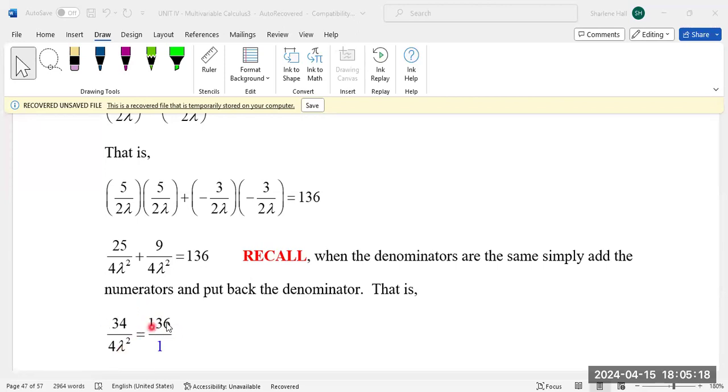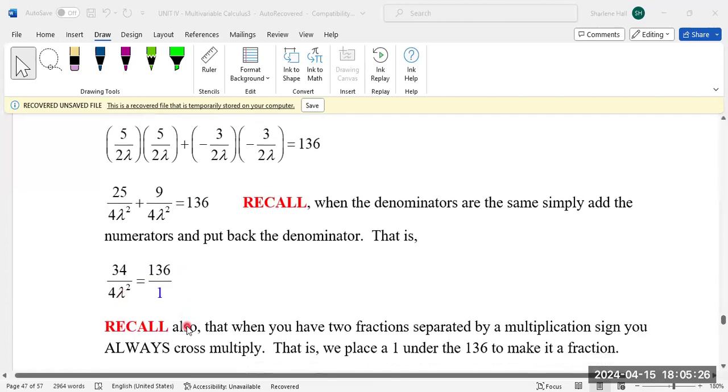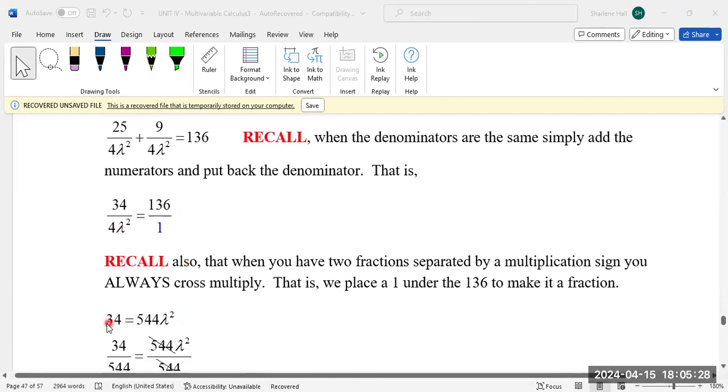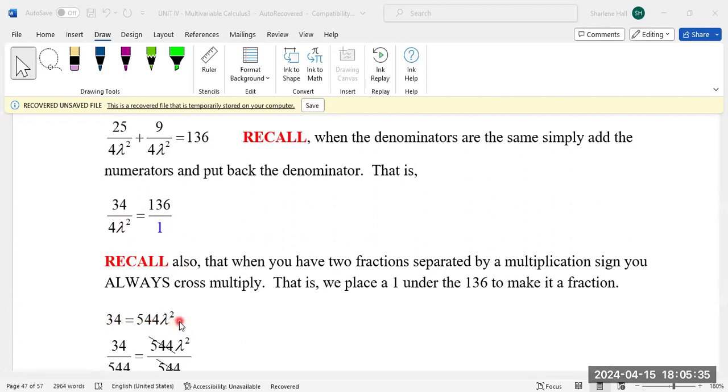So that's why I put this 136 over 1. So 34 times 1 is 34. And 4 lambda squared times 136 is 544 lambda squared. All right? So I'm going to get 34 is equal to 544 lambda squared. Follow me? Yes, sir. All right, good.